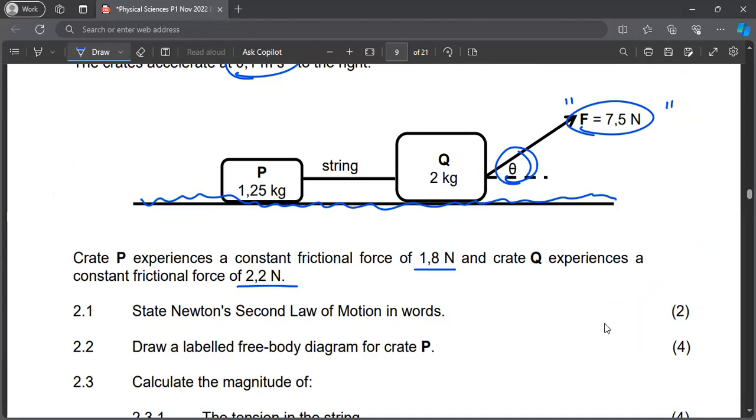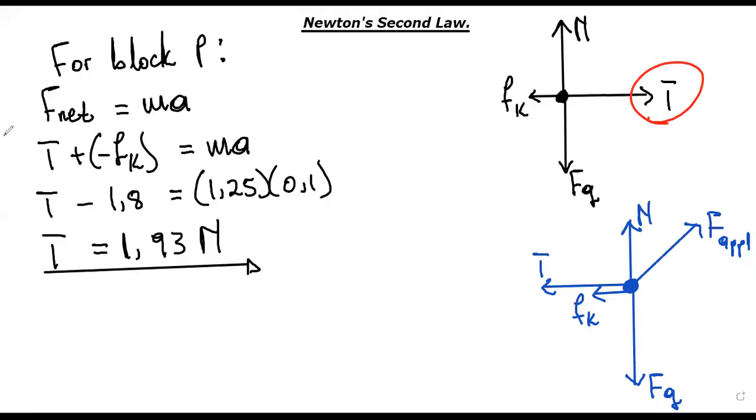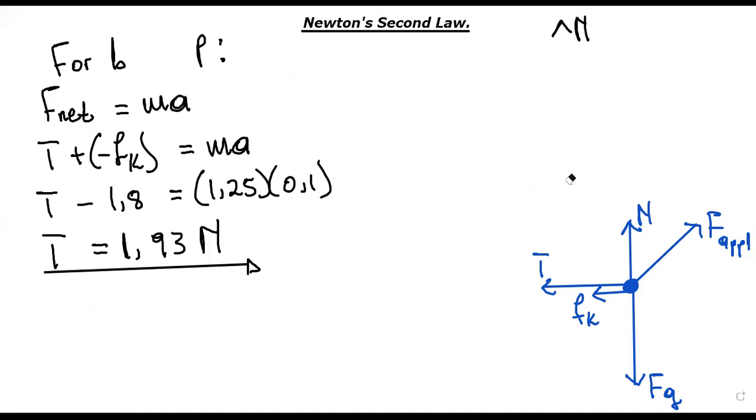But how are we going to find theta? We are not going to use trigonometry in this case. We have to use Newton's second law as well. This is not mathematics. Fine. So this is how we say it. Yeah, we can get rid of this free body diagram. It has served its purpose.